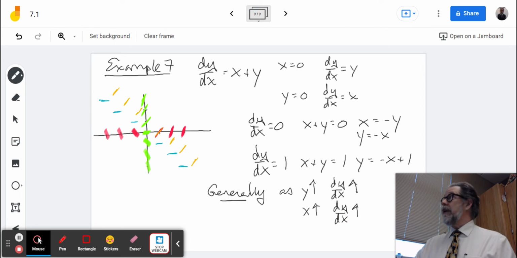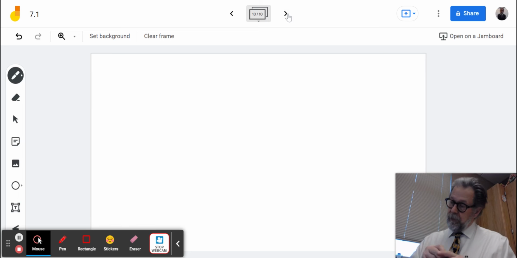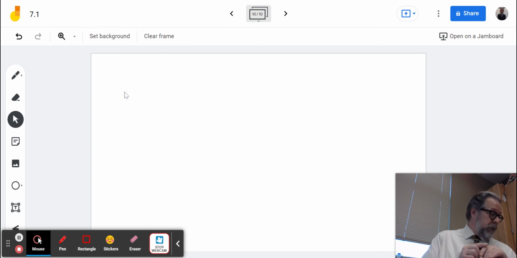And I've actually got a copy of the slope field here. What would it look like if we filled it all in? Let me bring this over and paste it in. Oops, shoot.